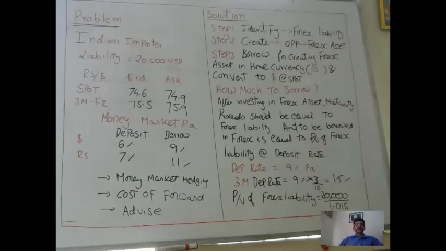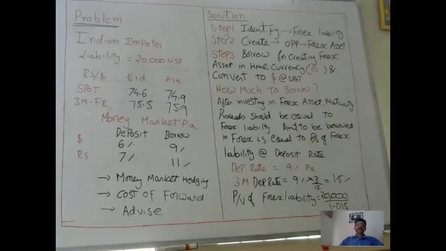An Indian importer has a liability of 20,000 USD. The quote is rupees per dollar, bid and ask. Spot is given as 74.6 and 74.9, and 3 months forward is given as 75.5 and 75.9. In the money market, per annum, the deposit and borrowing percentages are given: for dollars it is 6% and 9% respectively, and for rupees 7% and 11% respectively.